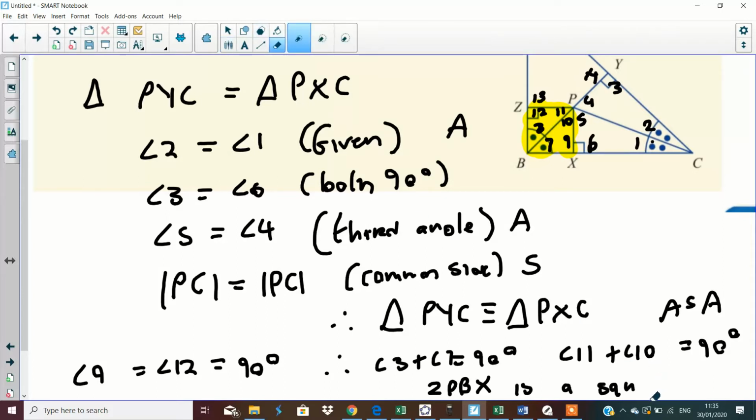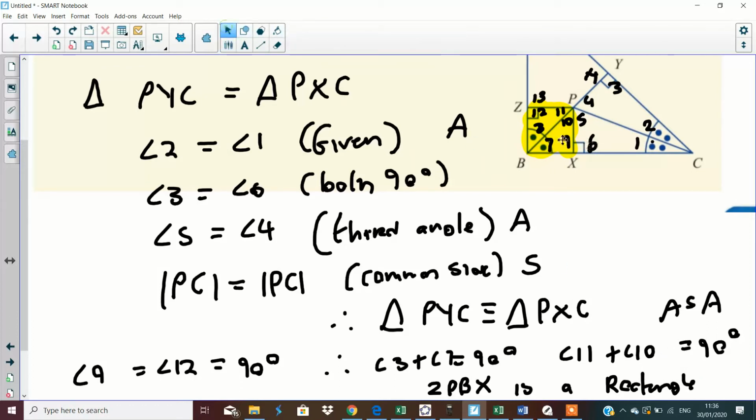Looks like a square. Can you say it is a square? What am I trying to prove? PZ equals PX. I can say it's a rectangle. Now I have to prove something else. Give me a second. Now I'm going to rub out my first answer and concentrate on the second answer now.